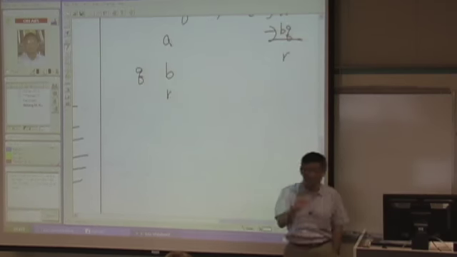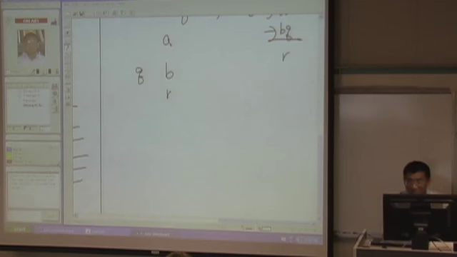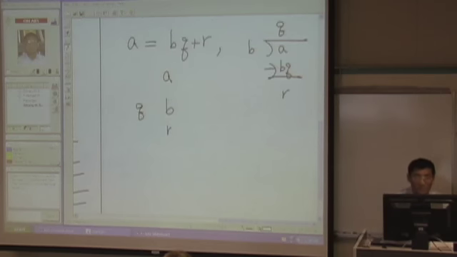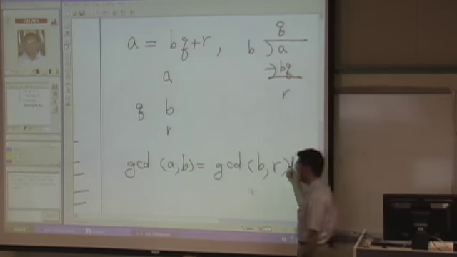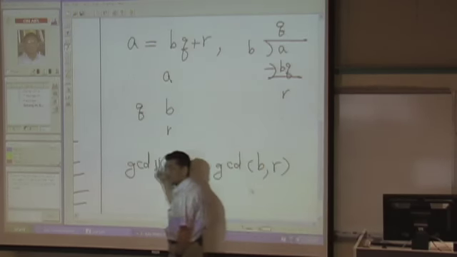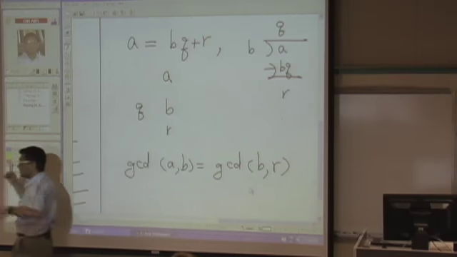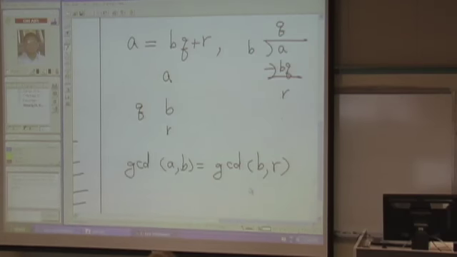Then a very important statement is this. Under this condition, GCD of A, B equals GCD of B, R. Very important. This enables the Euclidean algorithm. In other words, big number divided by small number, then you don't have to worry about the big number.